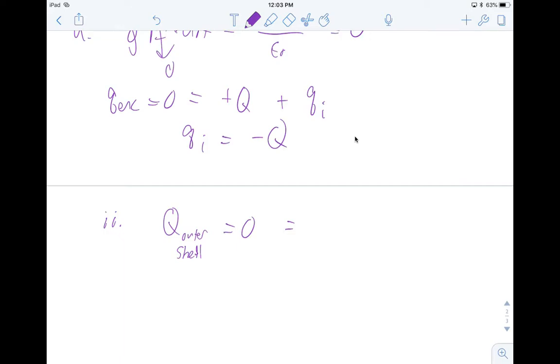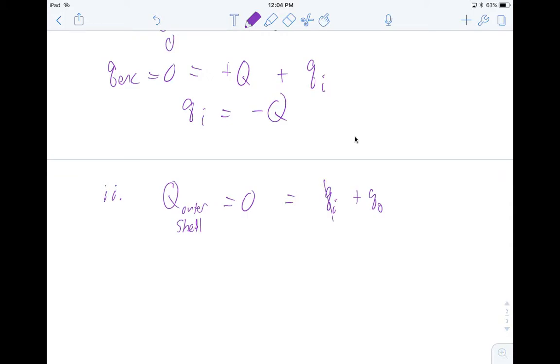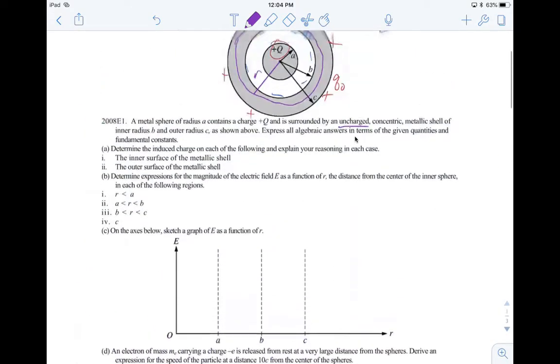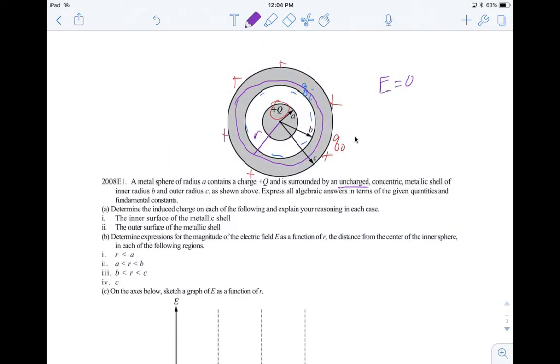What is that equal to? It's equal to Q inner plus Q outer. And we already know what Q inner is. It's negative Q. So what must Q outer be? Q outer is just equal to a positive Q. Okay, so we have Q outer is positive Q, Q inner is negative Q.